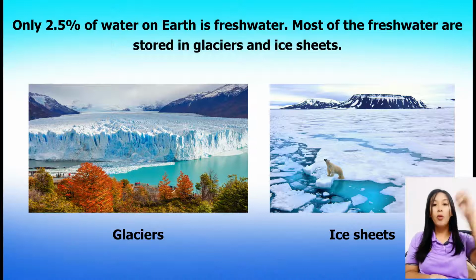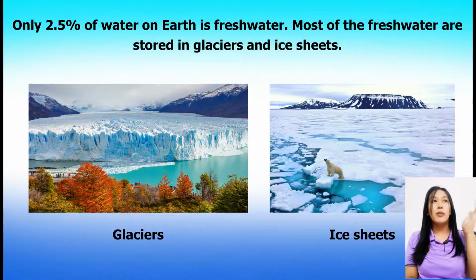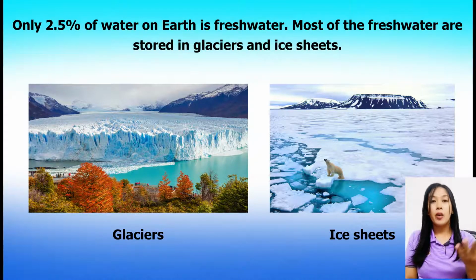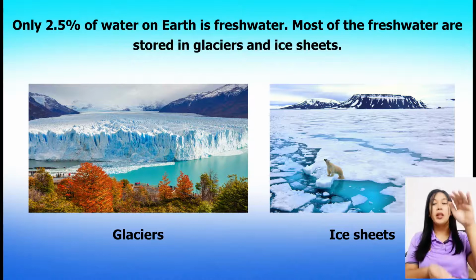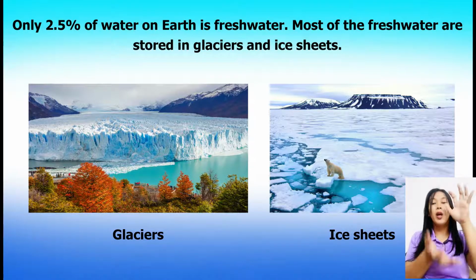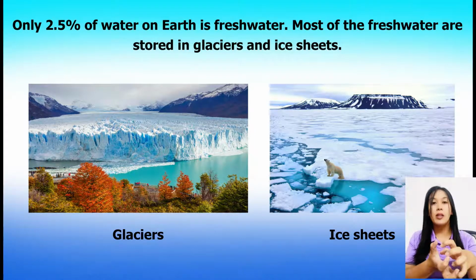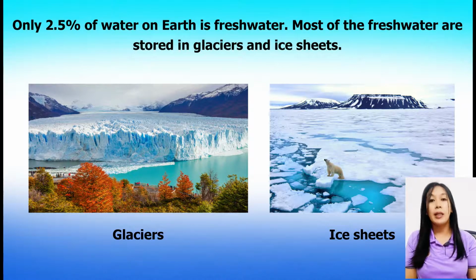When the snow hits, it accumulates over many years, especially in Antarctica or Greenland where the snow never stops. The lower part of the glacier is pushed down by the upper part, which compresses it, and it becomes ice.